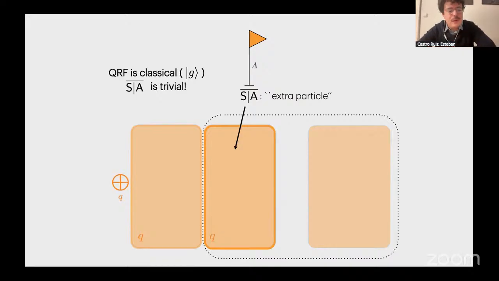One explanation is that if your reference frame is classical, namely in one of these states G, which is a very good reference frame like the one we usually have in the laboratory, then the state associated to this subsystem factors out, so it's not correlated to the relative subsystem, and it's also proportional to the identity, so in a sense it carries no information. So if our state is in one of these very sharp reference frames, you can just ignore it.